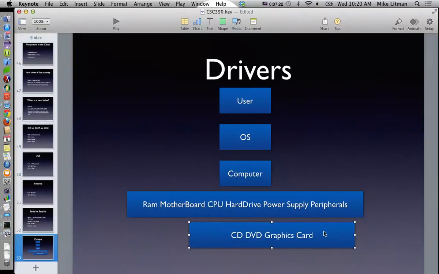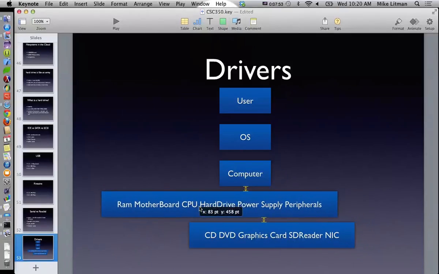What else? SD card reader. The case. Is the case really a peripheral? You probably could make some sort of weird argument that it is, but let's leave it off the list. What else? What about the NIC? Network interface card. All right, so let's leave it at that.